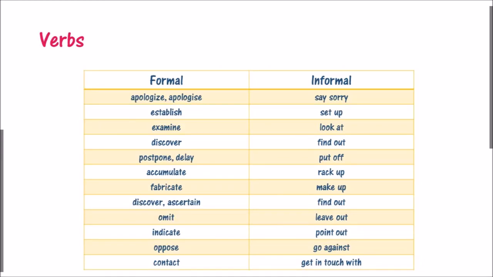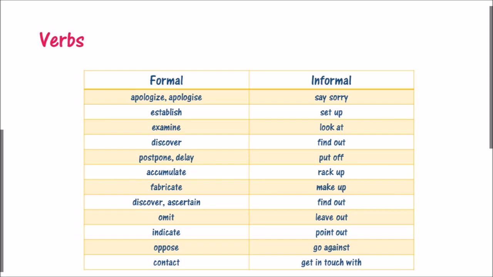We use various verbs in sentences, and it is true that these verbs also have formal and informal tone. We can refer to various examples stated here. For example, rather than saying sorry, which is informal, we can say apologize, which is more formal. The other example is set up. So it is an informal way of expressing ourselves.